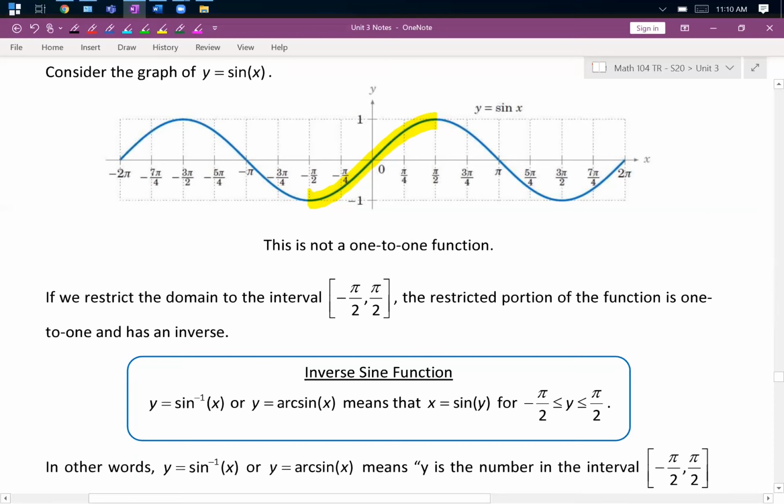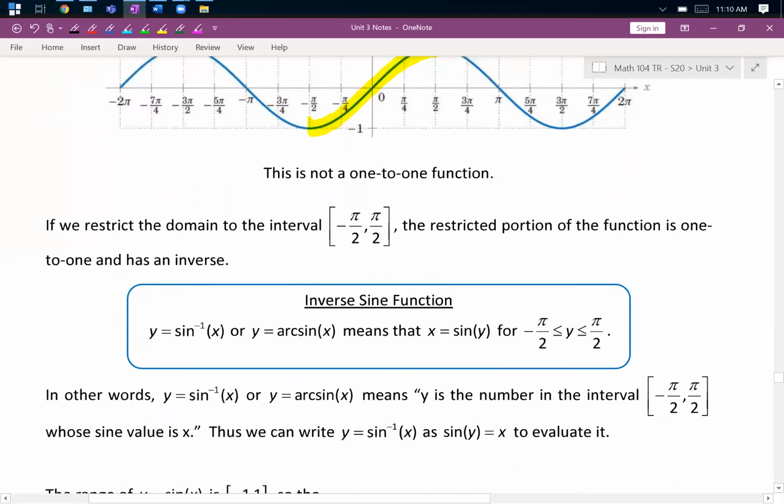So we can then say that y equals sine inverse, or this is just a different notation, and we only use this notation when we're talking about inverse trig functions. We might see it written arc sine instead. So y equals sine inverse or y equals arc sine means that x equals sine of y for some y value in between negative pi over 2 and pi over 2.